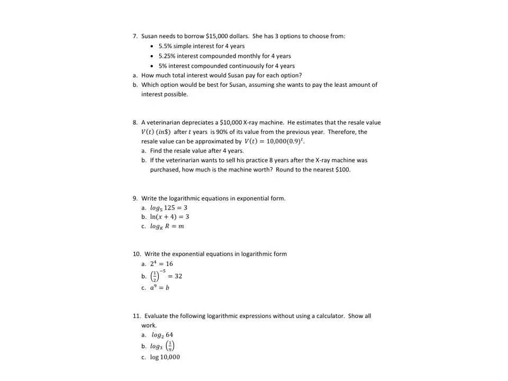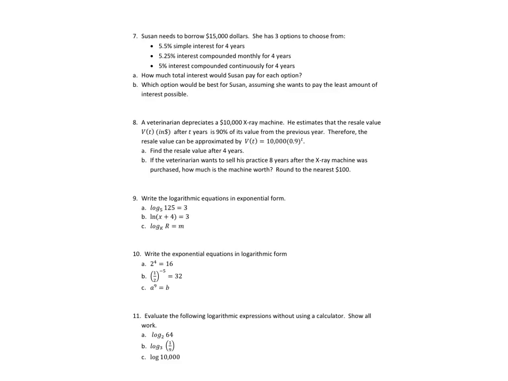All right, so on number 7, it's asking for these 3 different options here. And so 5.5% simple interest for 4 years.